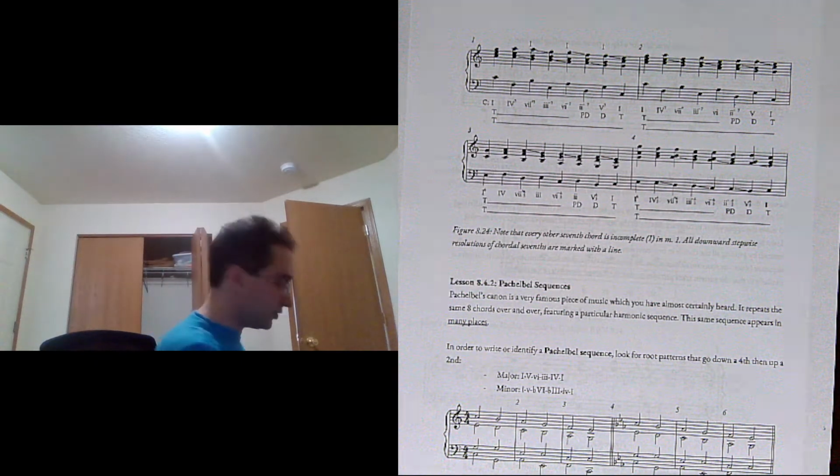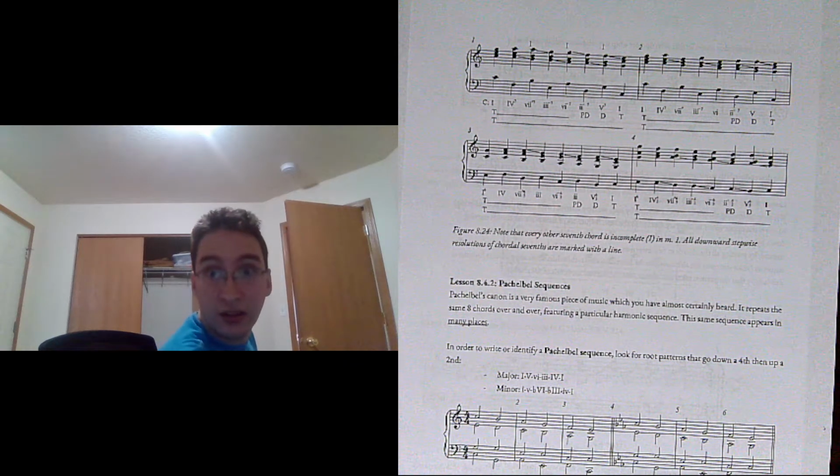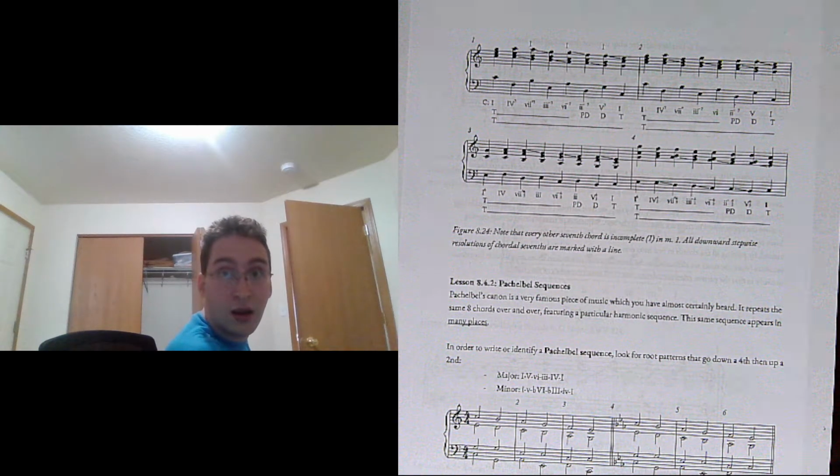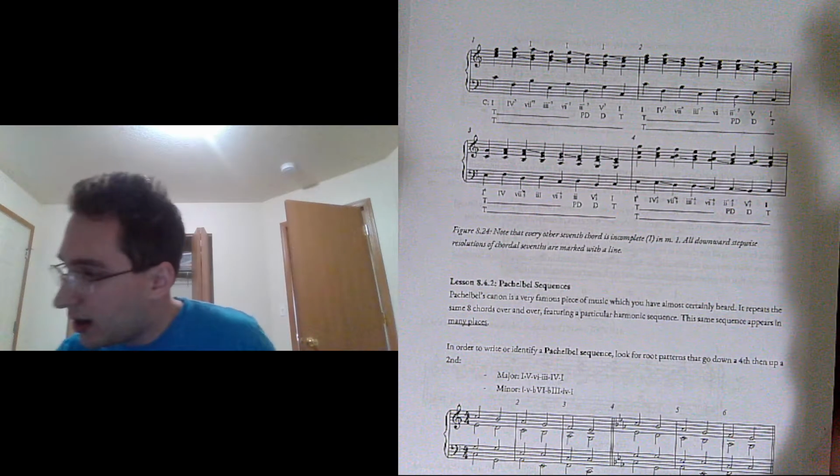So here's the first one with all seventh chords. Here, every other chord is a seventh chord, the second chord of each pair. And then 5, 7 to 1 at the end there. That's fine.